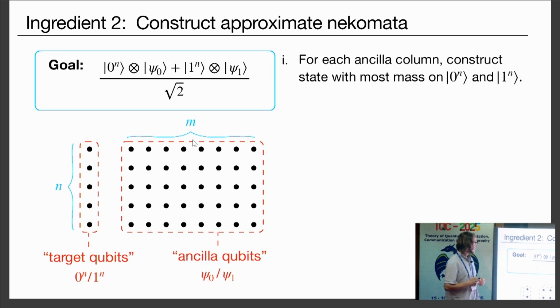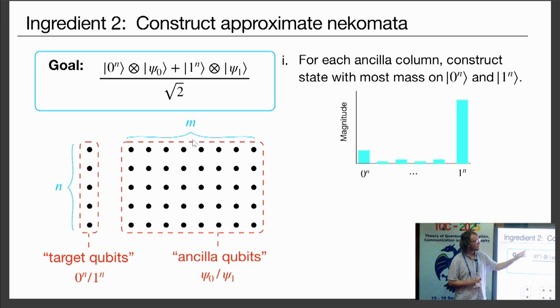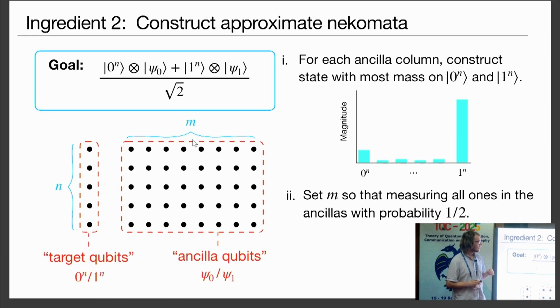What we're going to do is construct one of these bad cat states on each of these ancilla columns that has most of its mass on all 0 and all 1, perhaps in some uneven way. Then we choose m, the number of columns in this ancilla block, to be large enough such that the probability that all of them measure the all ones outcome is about a half.